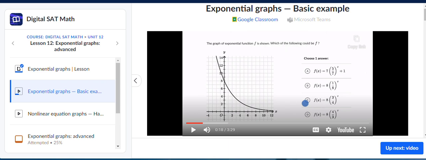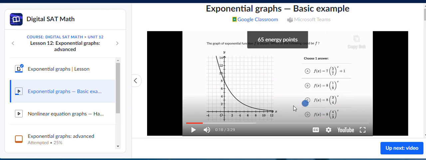The graph of the exponential function is shown. Which of the following should be f? So it should be 8. All of them are 8 at 0. Let's plug in the value of 1.